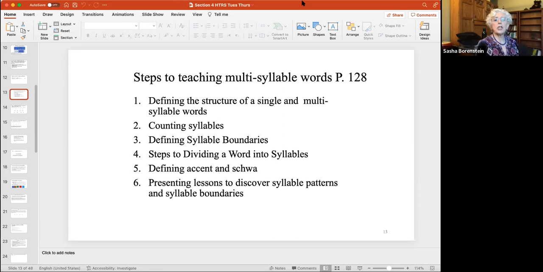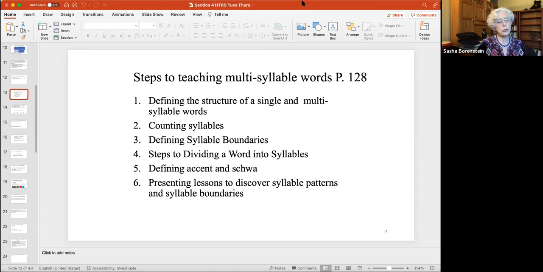So teaching these steps are in your book, which you now have, or at least Tracy does, on page 128. And things that we want to be sure that we teach within each lesson is the idea of what is the structure of a single one syllable word, and then how do we take those structures and put a couple of them together for multi-syllable words.